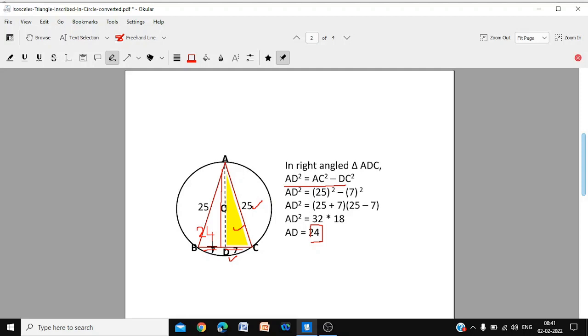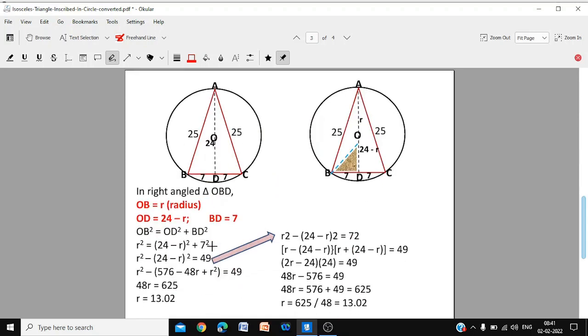Then, having found the altitude as 24, now we proceed as follows. Now, till O, it is a radius. OA is the radius.